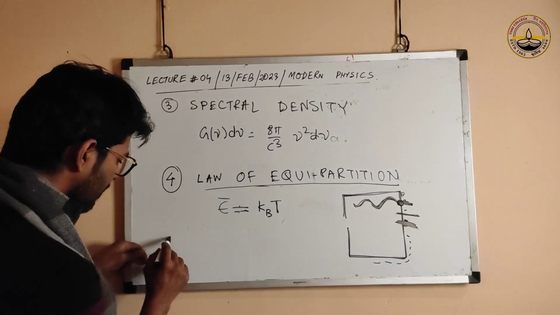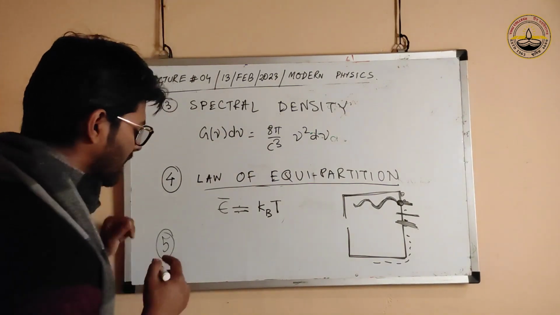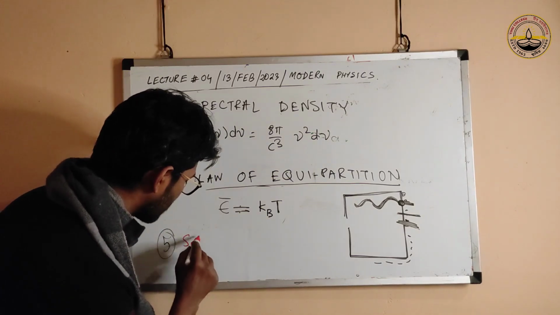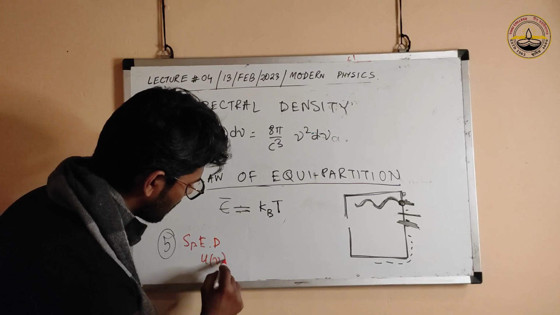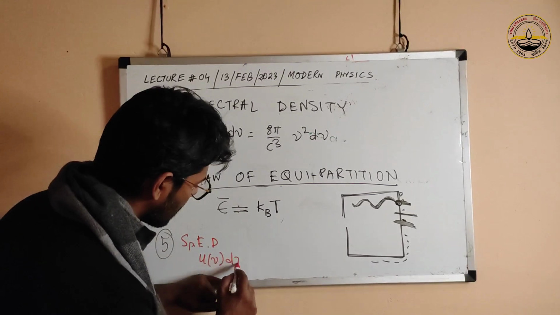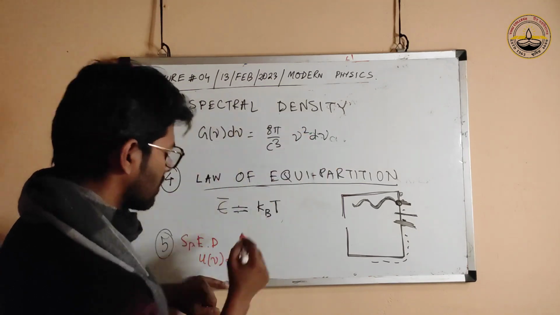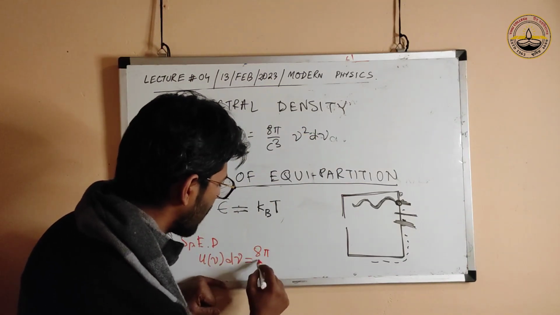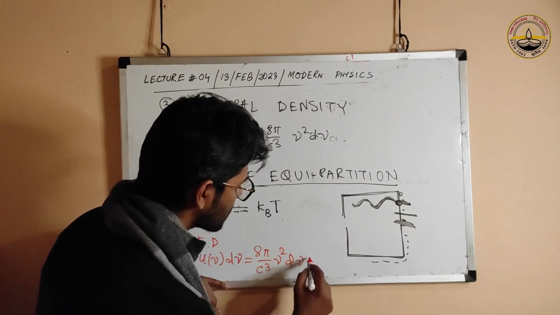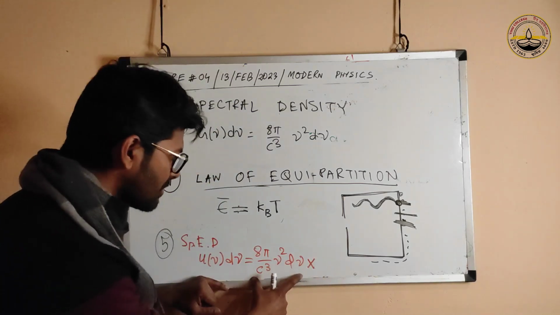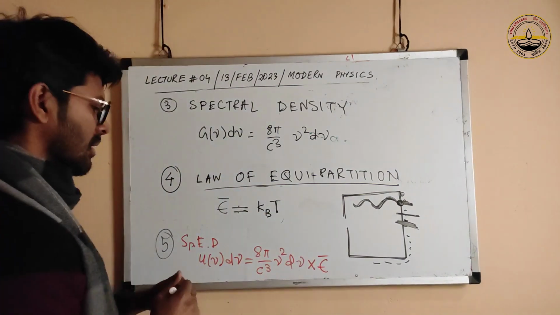And therefore, the final step is the spectral energy density. Spectral energy density, or U nu d nu, equals the spectral density, the number of waves in the frequency range nu and nu plus d nu, times the energy per standing wave, epsilon bar.